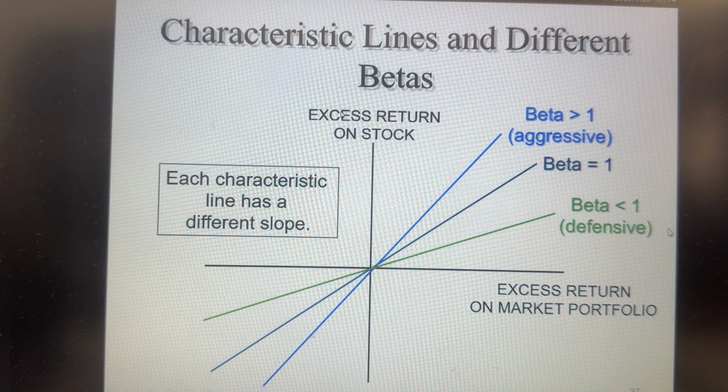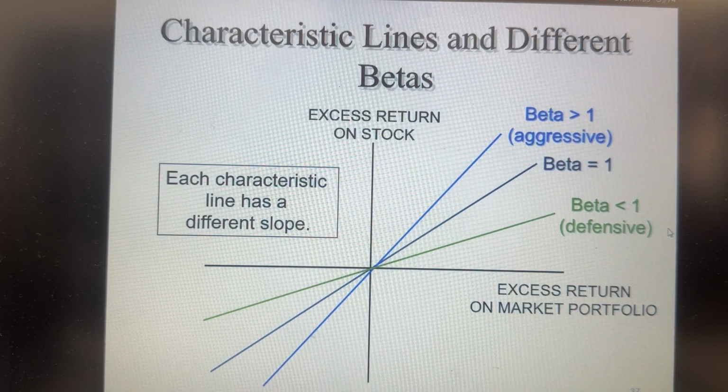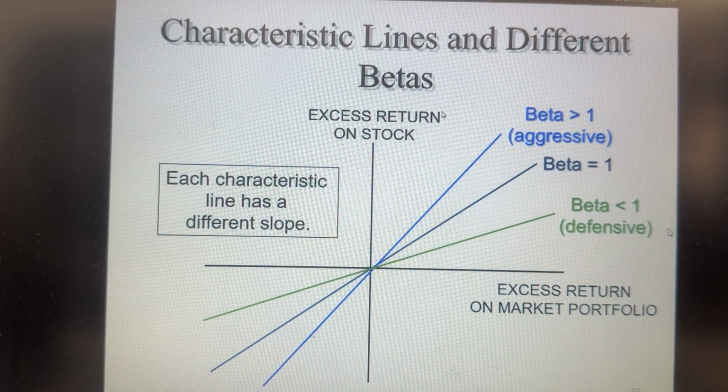Delta y is the change in excess return of the company. Delta x is the change in market portfolio return. That is called the slope. Drawing this line is named the characteristic line. This is the terminology: characteristic line.